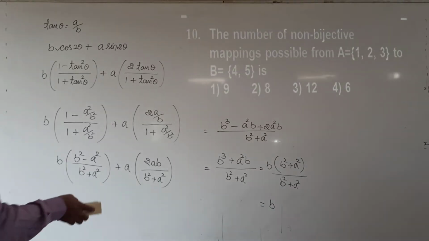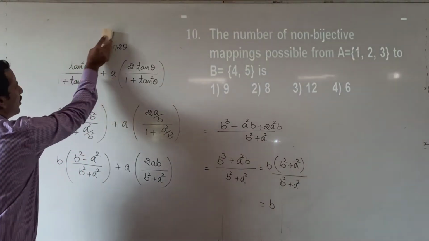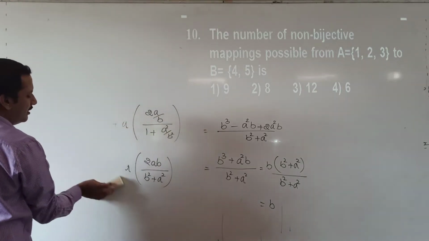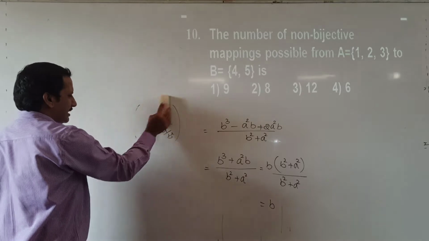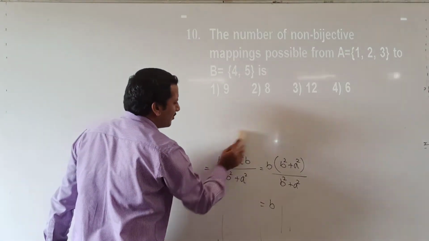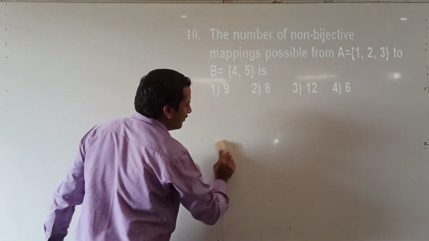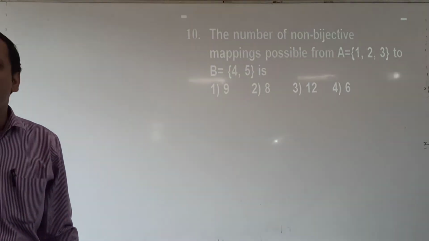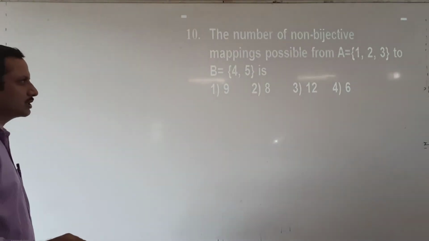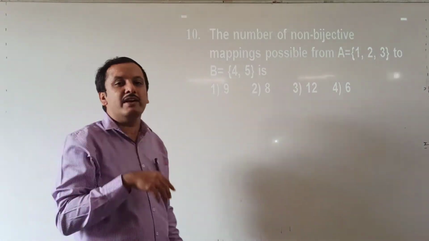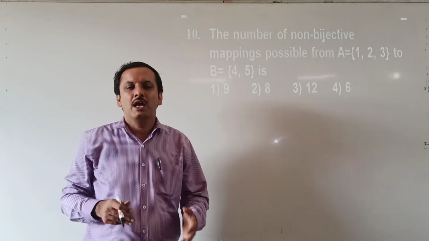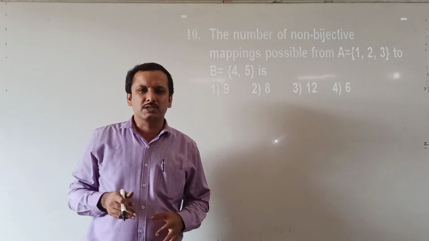Okay, then 10th question. The number of non-bijective mappings possible from A to B is? Actually, there is no direct formula for the number of non-bijective functions. We have a formula for the number of bijective functions. What we do here is, first we will find out the total number of bijective functions that can be defined from A to B, and then find the total number of functions.